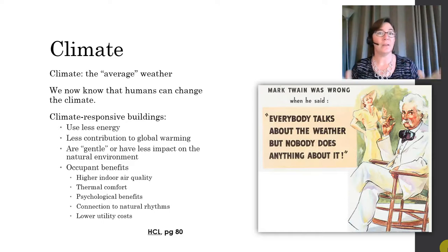There are a lot of psychological benefits associated with passive design and the connection to your natural daily rhythms with the sun, and also seasonal rhythms. And finally, hit that bottom line, that pocketbook: a climate responsive building will likely have lower utility costs.